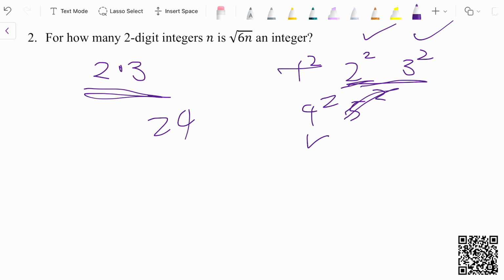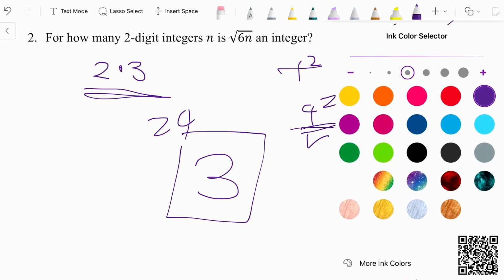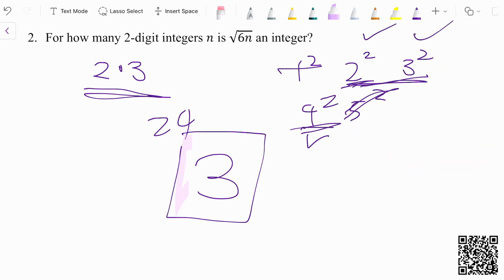Anything above 5 squared isn't going to work either because that's going to be way too big. So we have 3 solutions: 2 squared, 3 squared, and 4 squared. This means there are 3 cases. So that is how many 2-digit integers n make the square root of 6n an integer. There are 3.